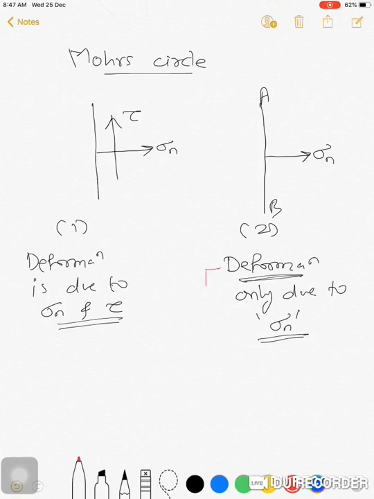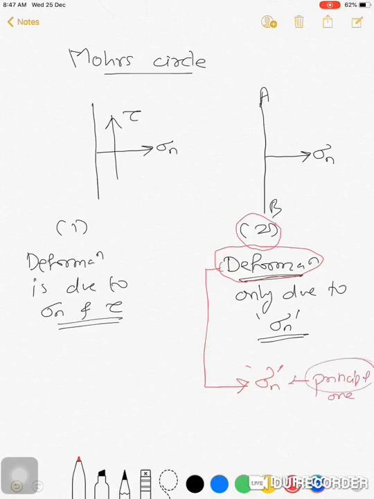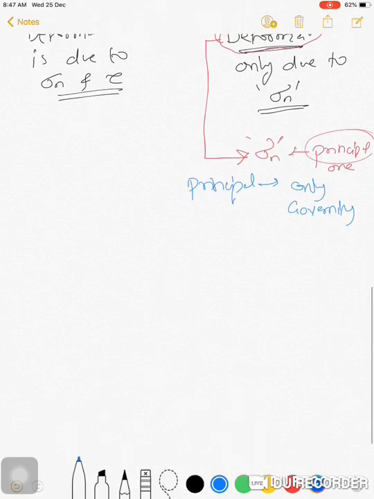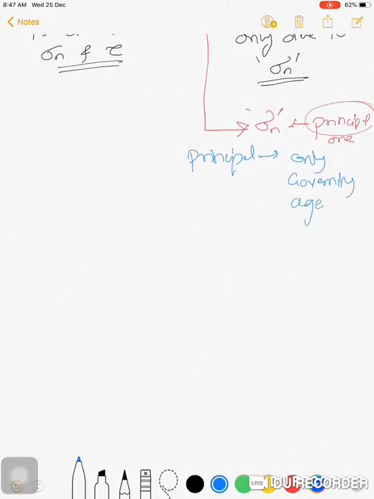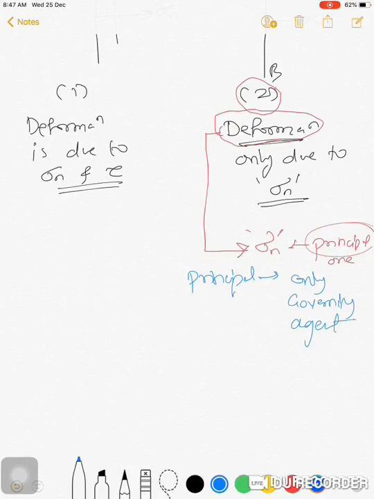Here the deformation means in case 2 the deformation is due to normal component only, that is this is the principal one. What do you mean by principal? By the word principal we mean only governing agent. Okay, so this is the only governing agent. That means sigma n will be called as principal stress.